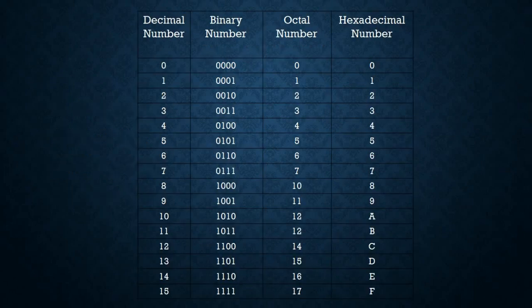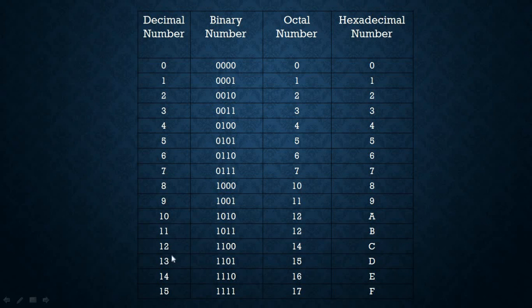Here we show a sum table. The table indicates that the decimal number 0 is represented in binary as 0000, in octal as 0, and in hexadecimal also as 0. The table shows numbers from 0 to 15.